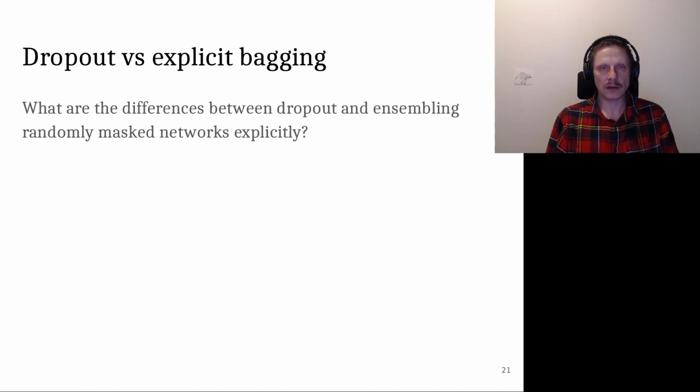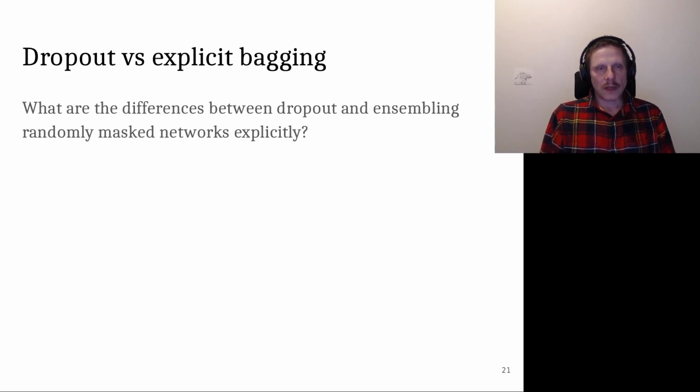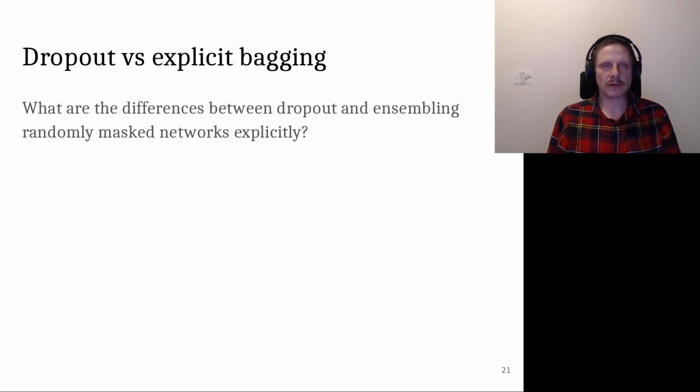So why do you think one is better than the other? Why would we prefer to do the dropout? Well, I suppose the answer is relatively obvious. It has to do with the fact that if we have to train a few thousand networks and our networks are very large deep learning models, that becomes prohibitively expensive. Whereas with dropout, we're just reusing the same network.